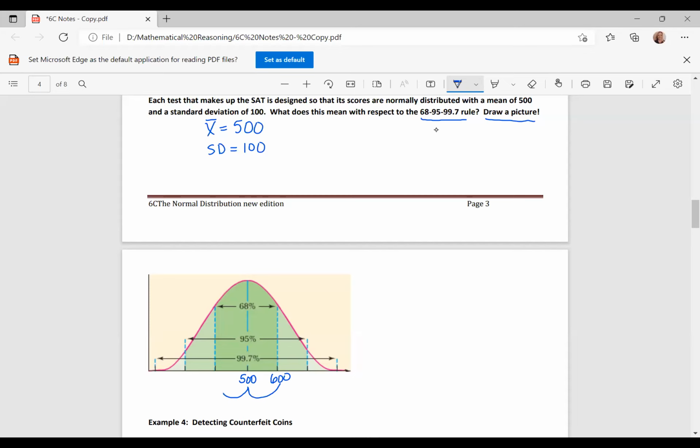And then to go backwards, we would do 500 minus 100, which is 400. So this is 1 standard deviation. And remember that 1 standard deviation from the mean is 68% of the data points.